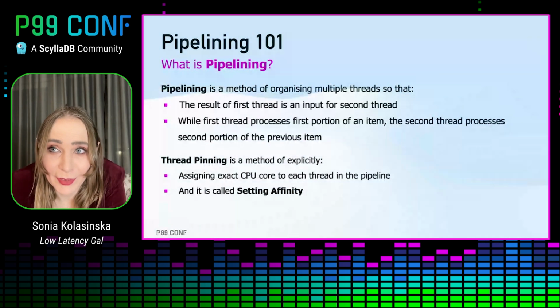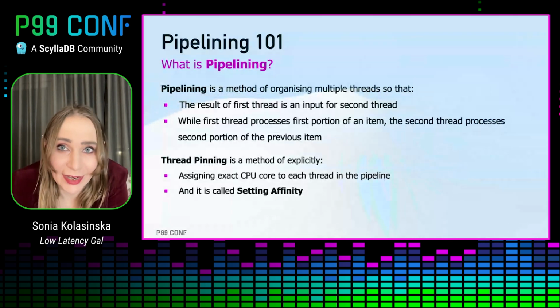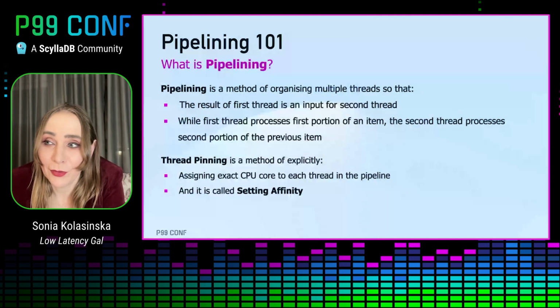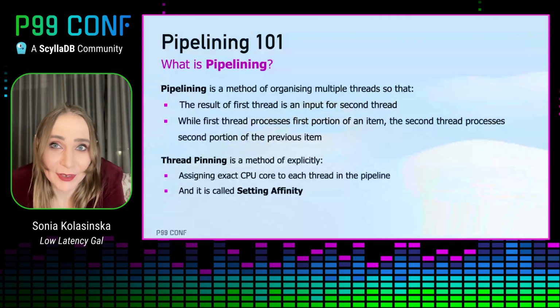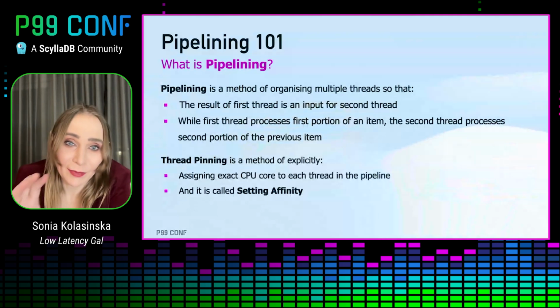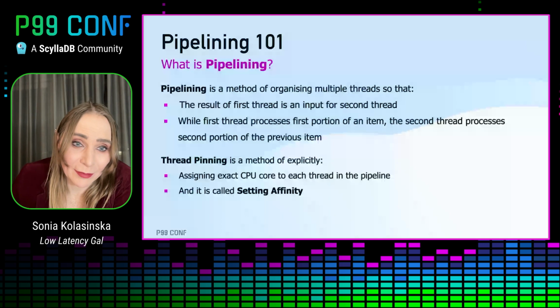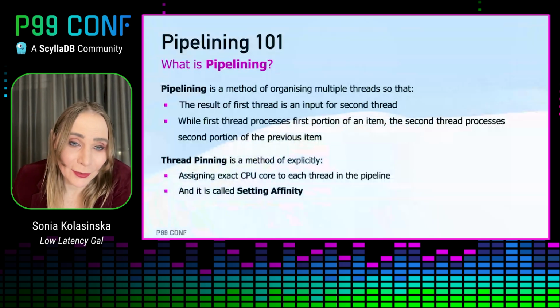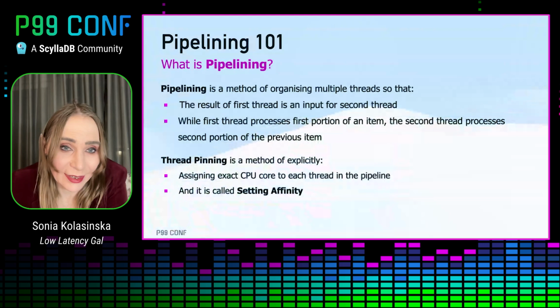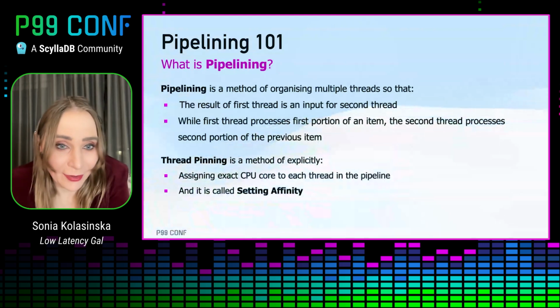Normally you would have single-threaded code that would process one item by doing a number of steps: step 1, step 2, step 3, step 4. You can pipeline it so that step 1 and step 2 are on the first part of the pipeline, and step 3 and 4 are on the second part, and then step 1 of the second item can start earlier. I'll show you on a picture.